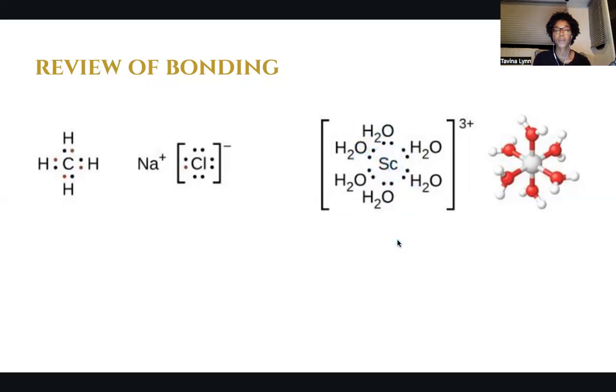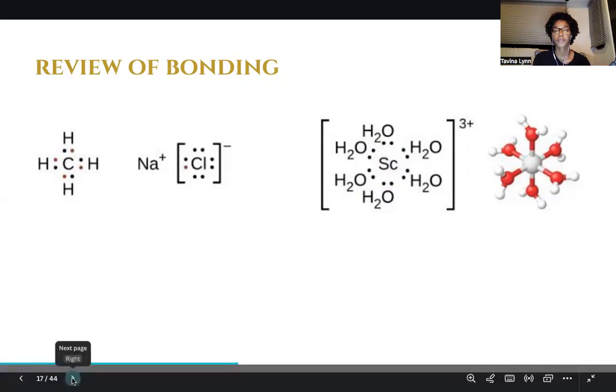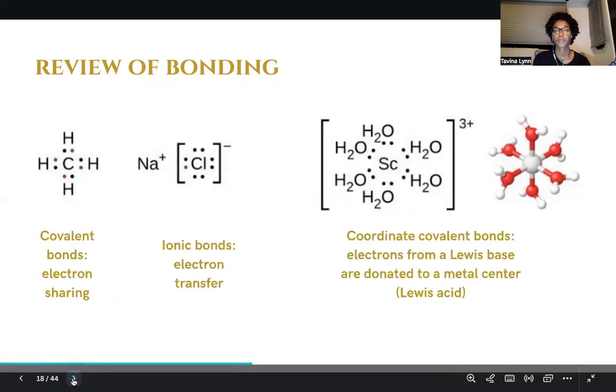So just doing a little comparison here of the different types of bonding that we have. Summarizing what I just said: covalent bonds, electron sharing; ionic bonds, electron transfer; coordinate covalent bonds, electron donation from a Lewis base to a Lewis acid.